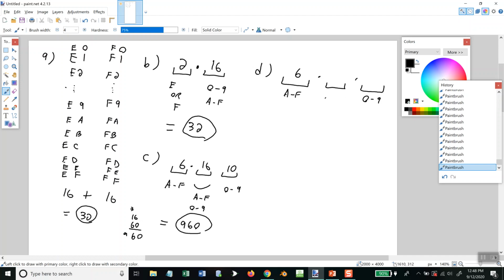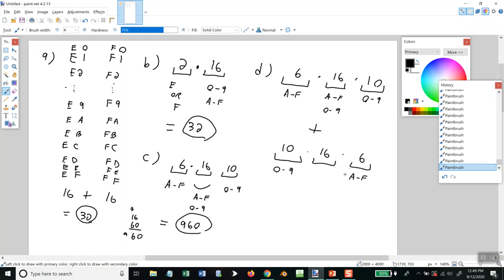Now, of course, it's if I'm reading it right. That's always a big question mark. Don't assume just because I'm working a problem and I'm the instructor that I actually am interpreting it correctly. But I think what they're saying when they say both is that I could start with A through F and I could end with 0 through 9.